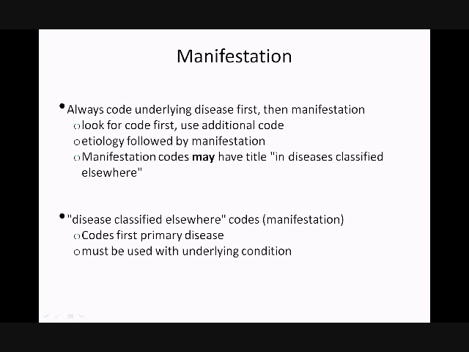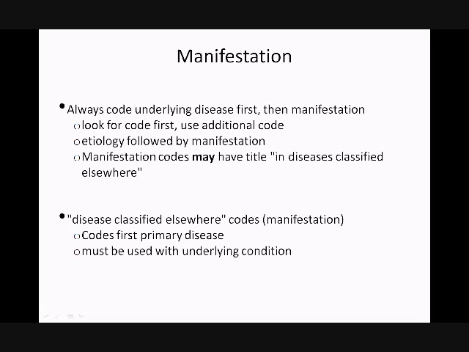Now, as far as the book goes, the way the book categorizes disease and outcome is through etiology and manifestation, basically the cause and effect. Etiology is the underlying disease, manifestation is the outcome of the disease. A good example that I always use is diabetes. Let's say you have a patient who's diabetic, and as a result of diabetes the patient develops some sort of neurological disease.